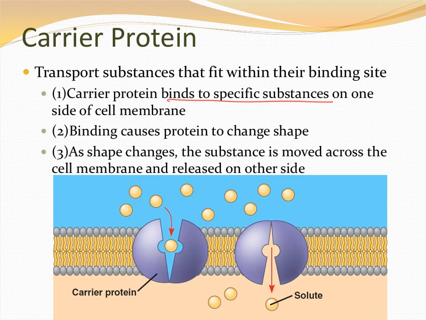As this molecule binds to this part of the protein, look at the change in shape. Do you see it going from number 1 to number 2? Because it changed shape, this molecule gets to go into the cell.